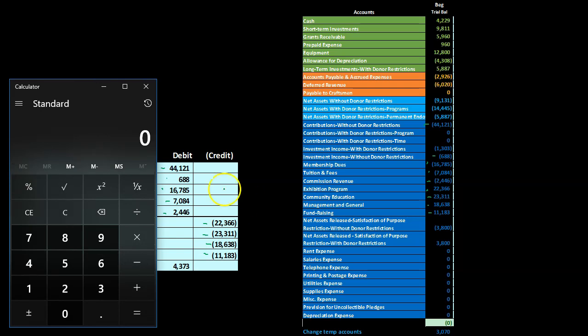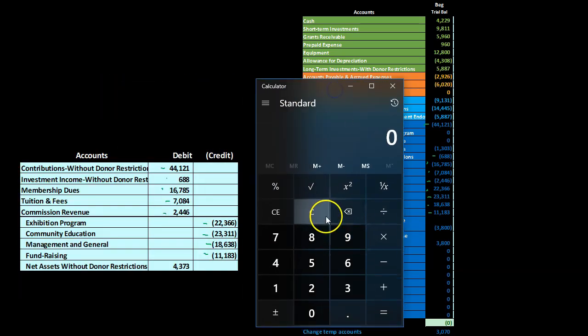Then, of course, the debits minus the credits. If we were to add this up, we can say, well, okay, the debits are 44,121 plus the 688 plus the 16,785 plus the 7,084 plus the 2,446 minus the credits of 22,366 minus the 23,311 minus 18,638 minus the 11,183. We get the 4,371.